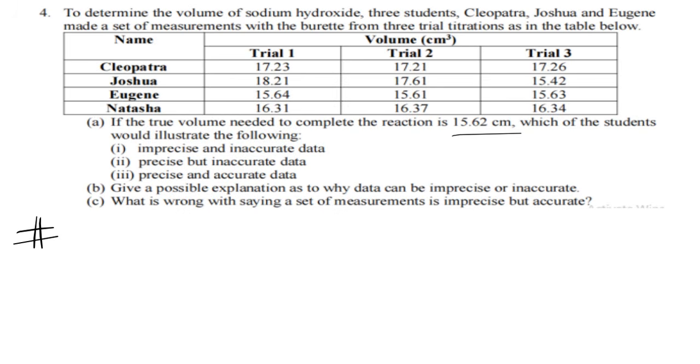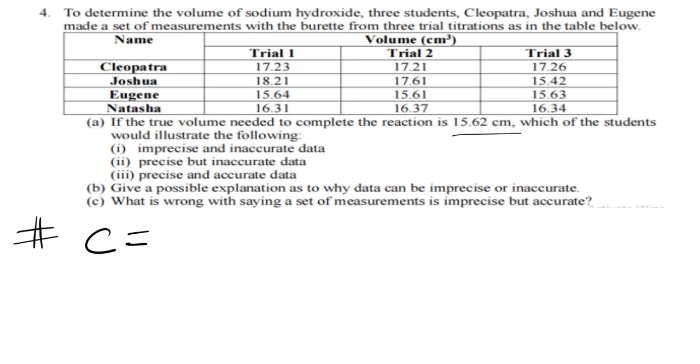Let's start with Cleopatra and her trials. So let me just write C. We've got trial number 1, trial number 2, and trial number 3. So our figures are around 17.23, 17.21, 17.26. Now the question would be, how precise is she? How close are the values to each other?